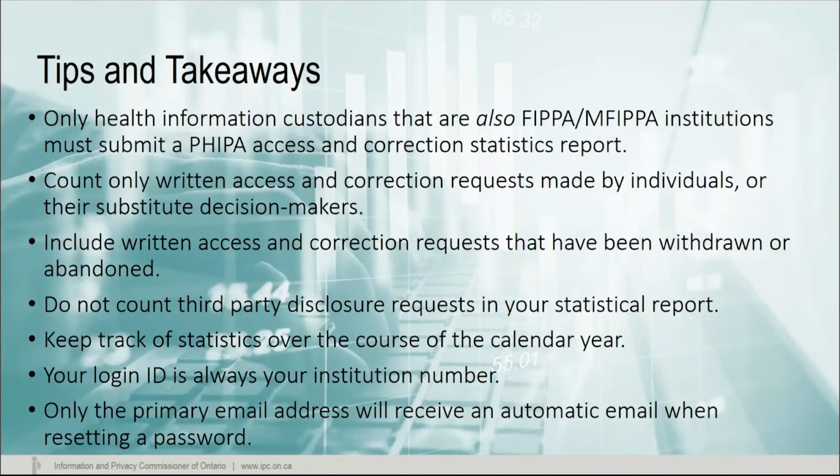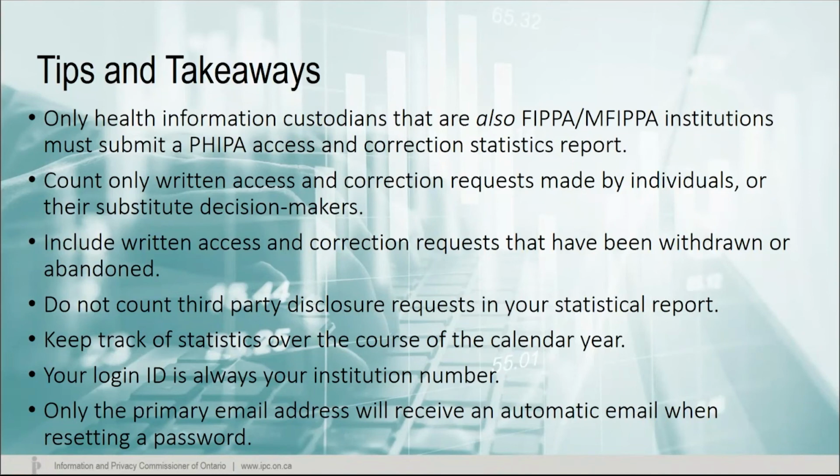Count only written access and correction requests made by the individual or their substitute decision makers. Okay? Remember, if you want to learn a little bit more about whether this is an SDM, a substitute decision maker, please look at the ranking list in order of priority under Section 26 of the law.